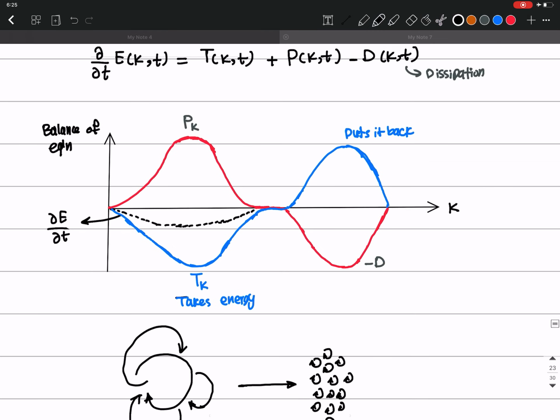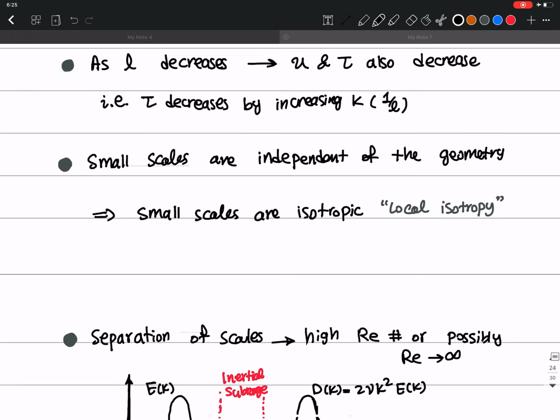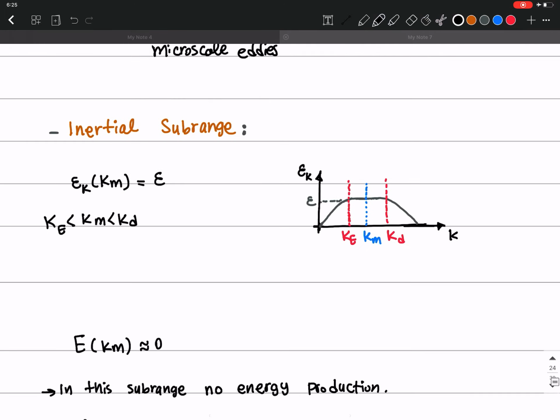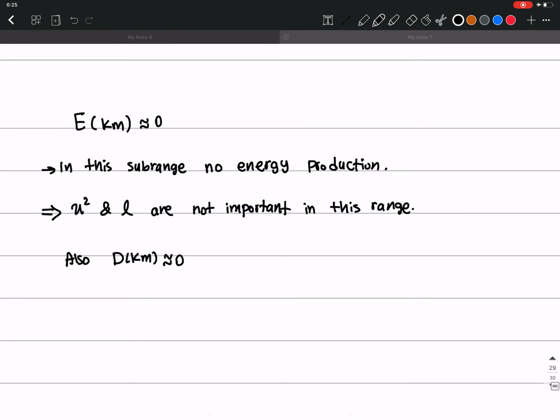So in this range, we have neither dissipation nor energy production.